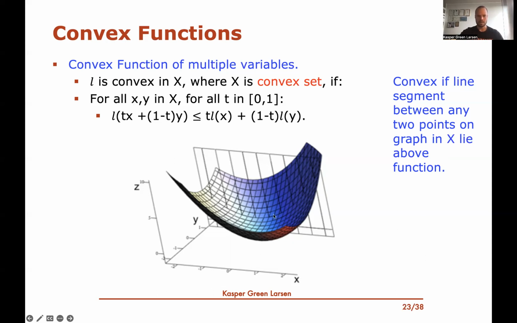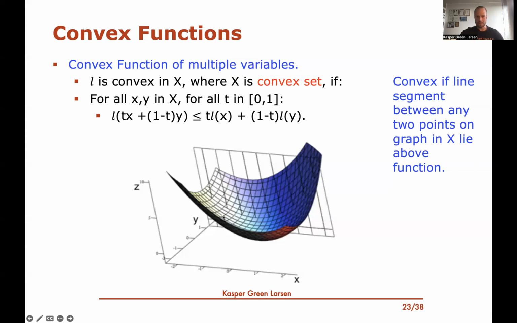And what this is saying is, on the left-hand side, again, I have the function evaluated on the line segment in between, on the interpolation between the two points x and y.